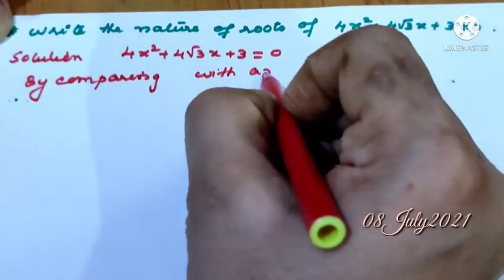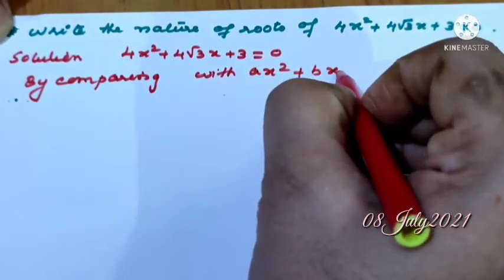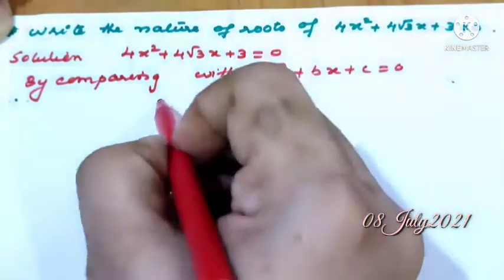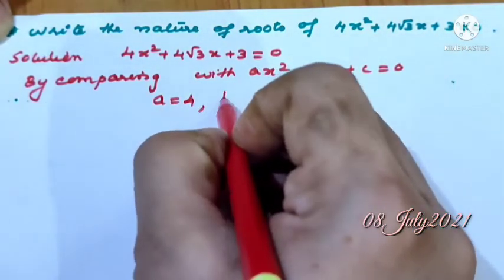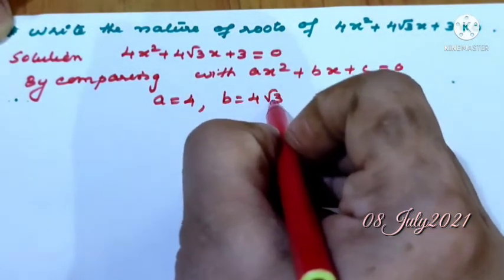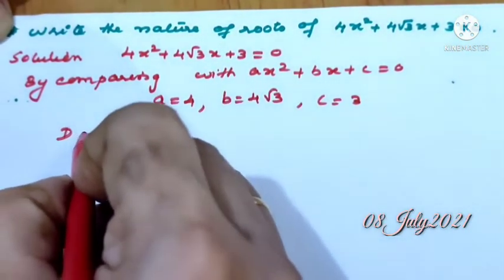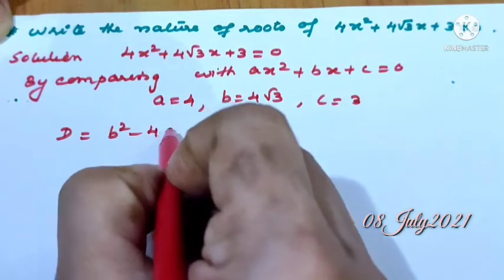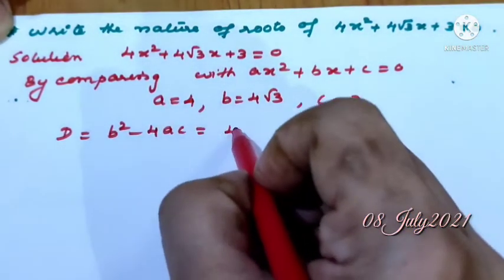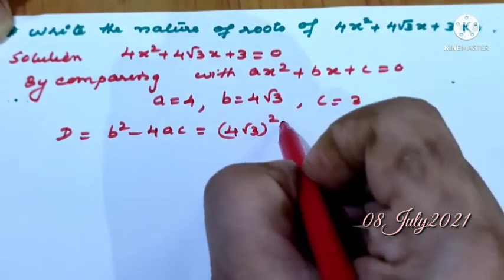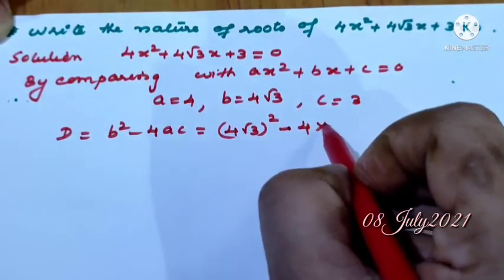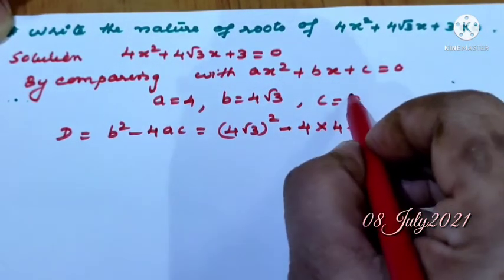By comparing with ax square plus bx plus c equal to 0, a equal to 4, b equal to 4 root 3 and c is equal to 3 only. So discriminant D, b square minus 4ac equal to (4 root 3) whole square minus 4 into 4 into 3.